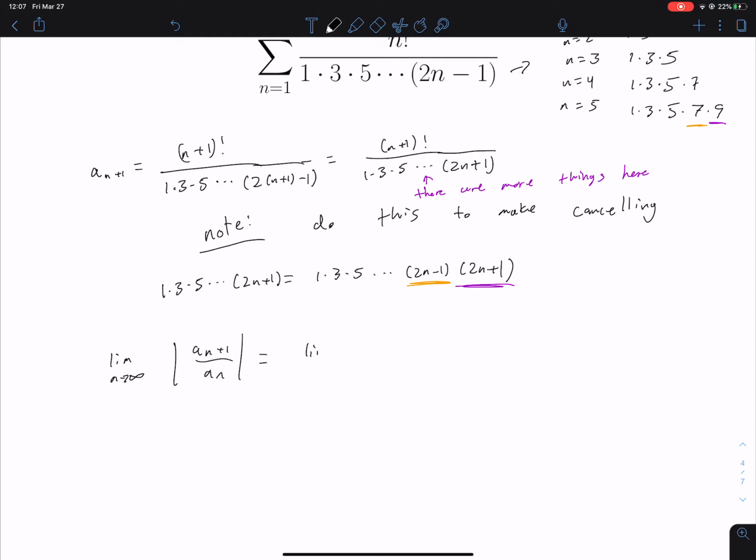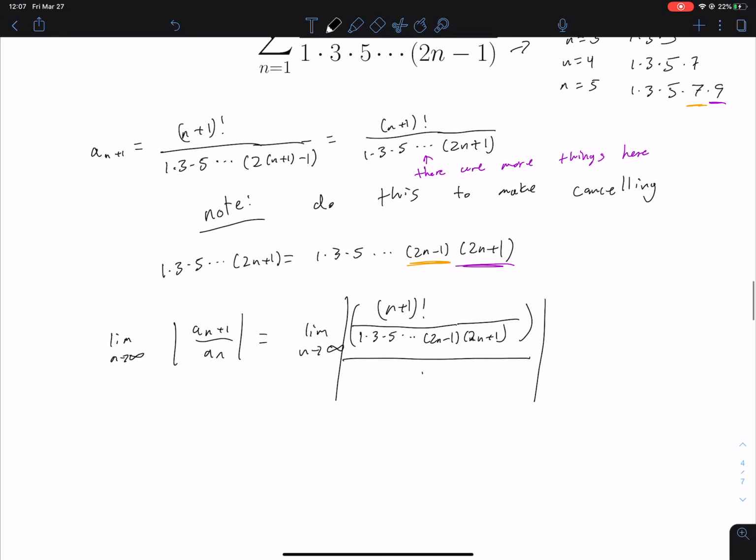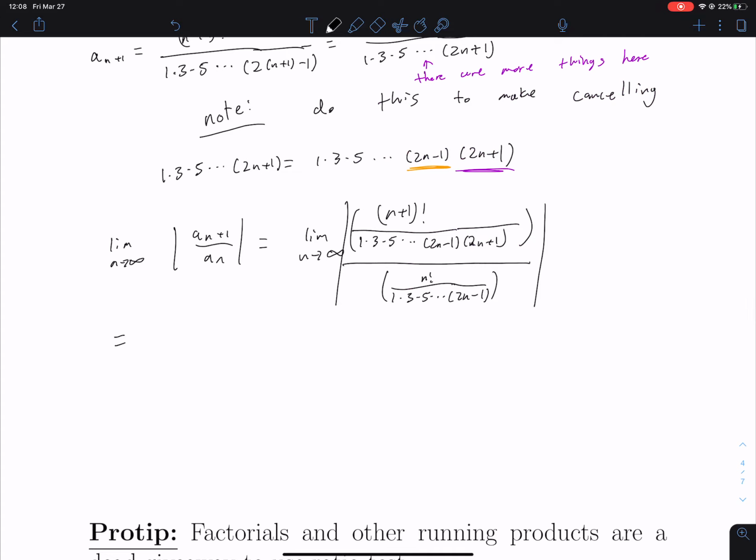And so this will be the limit as n goes to infinity of n plus 1 factorial over 1 times 3 times 5 ... 2n minus 1, 2n plus 1, over, let's throw some parentheses here, n factorial over 1 times 3 times 5 times ... 2n minus 1. Now you might ask, why did I not do this with the bottom one?